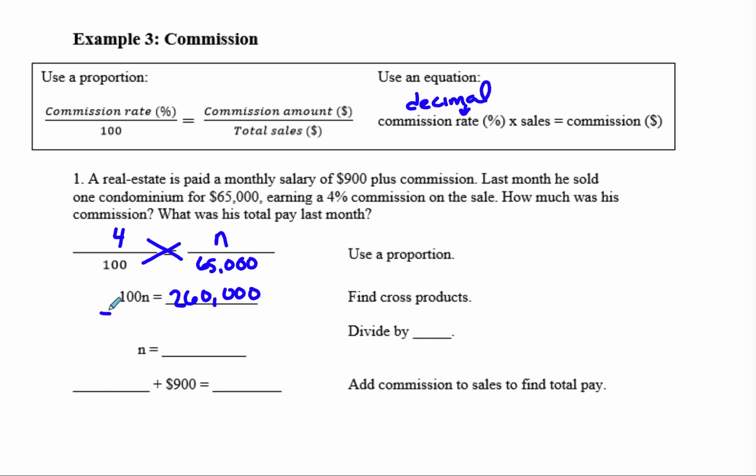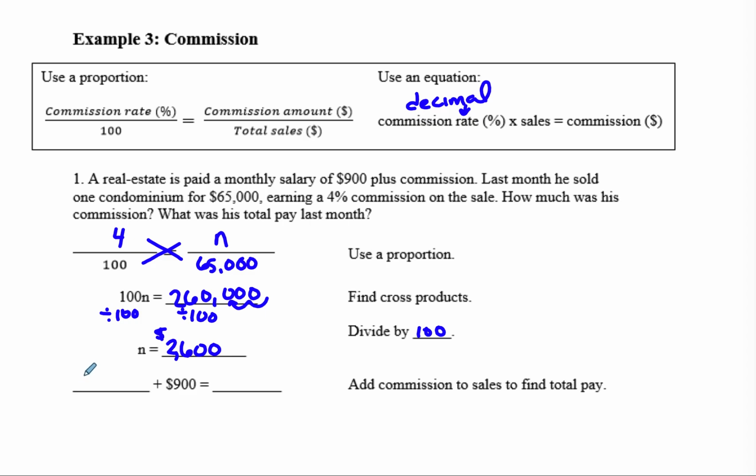We divide by the number with the variable. On this one, it's dividing by 100. Remember, dividing by 100 is like moving that decimal 2 places over to the left. So n equals $2,600. So we divide it by 100.